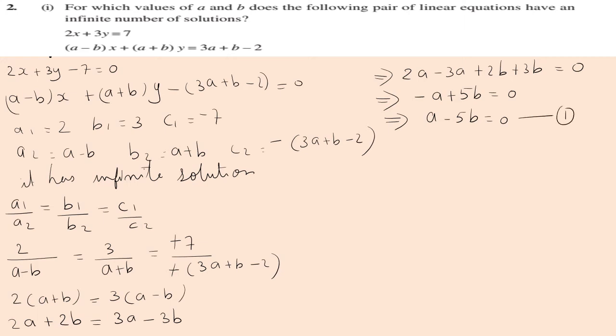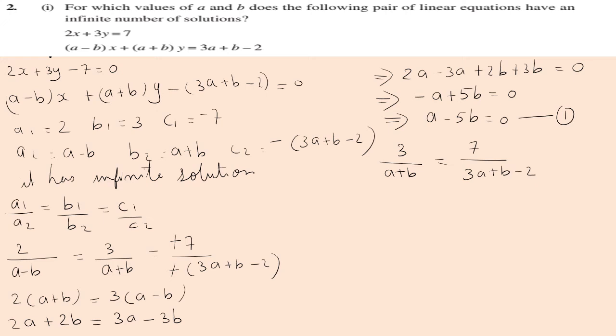Now you have to compare the second member and the third, that is 3 upon a plus b equal to 7 upon 3a plus b minus 2. Now do the cross multiplication.